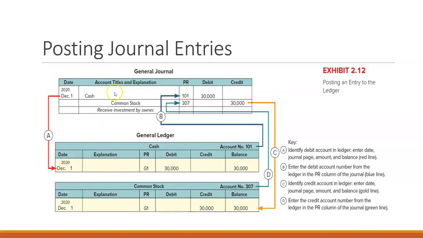Once we have the journal entry done, then we record that into the account. Our cash account is number 101. We use reference numbers so that if we find a mistake, it is easier to go back to the reference.